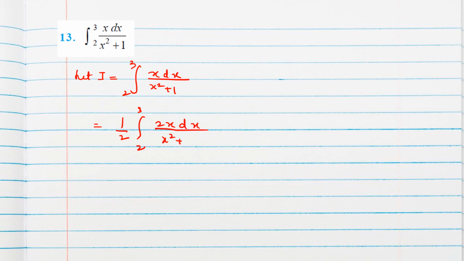Which formula? This one. If the derivative of the denominator is there in the numerator, we can write log of the denominator. So using this formula, now we have the function x square plus 1 and its derivative 2x is in the numerator.